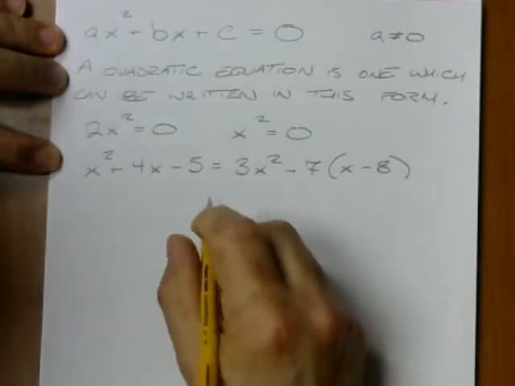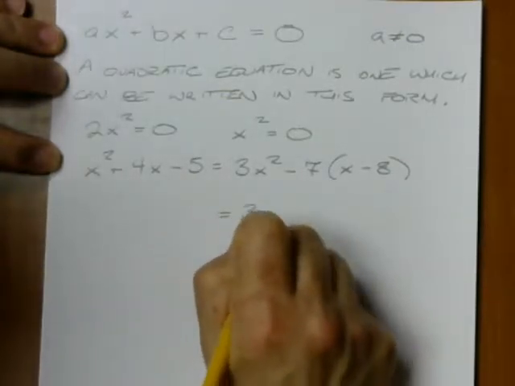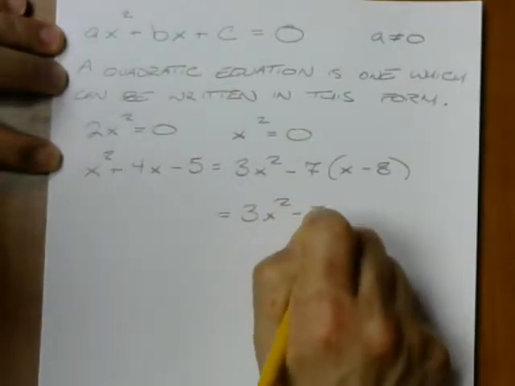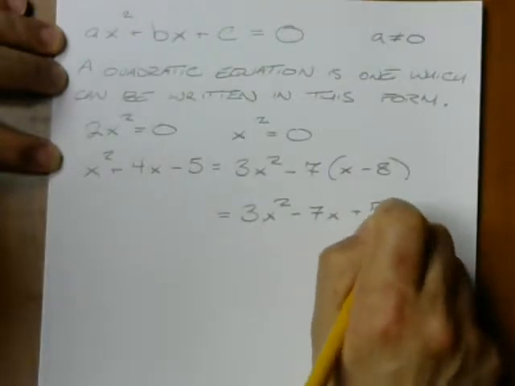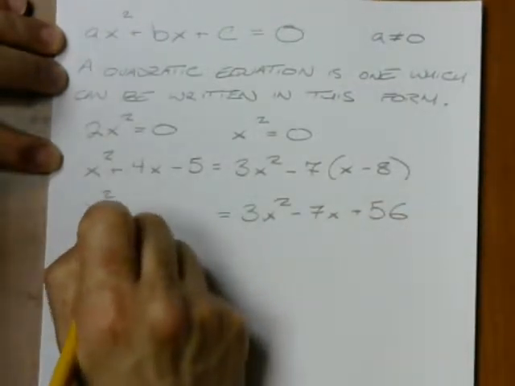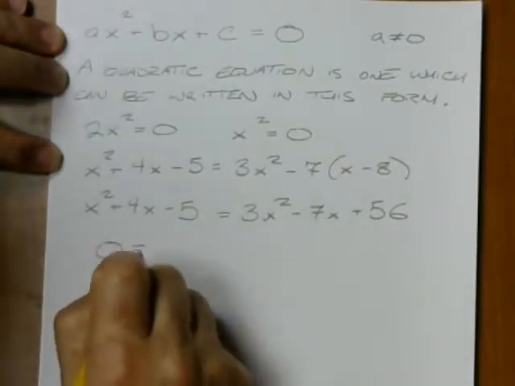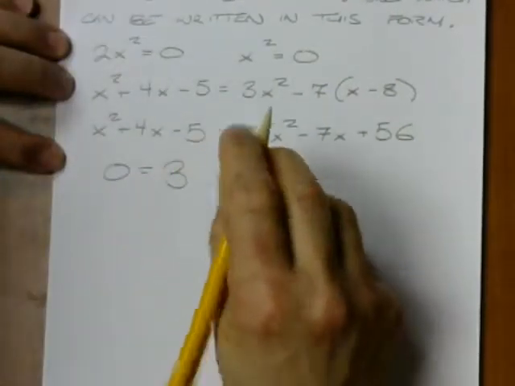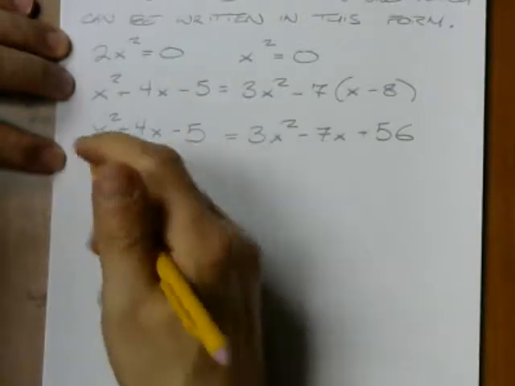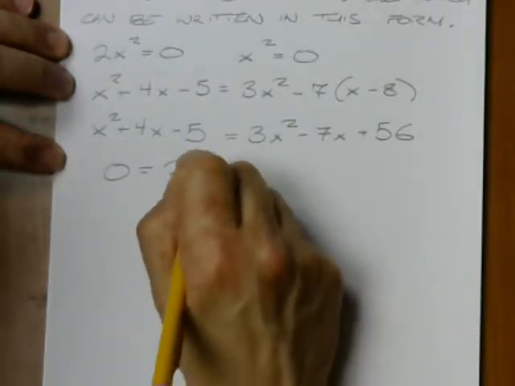Well, there's a lot of things I could do. I could simplify the right. And now I have stuff on both sides. As long as I move it over, let's move everything to the right. So I have 3x squared minus x squared, and maybe I'll write it all out.